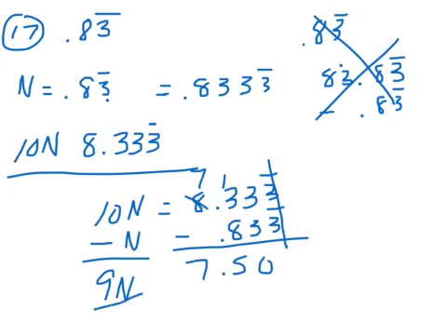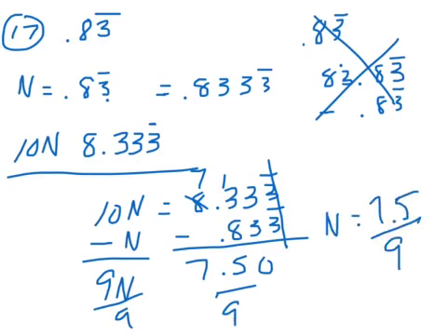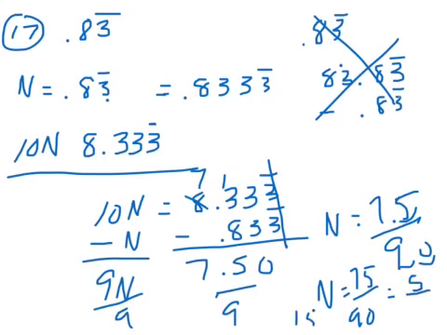If I divide both sides by 9, I'd get n equal 7.5 over 9. I could move the decimal place over 1 on each of these, and that would be n equals 75 over 90. And then I could divide: 15 goes into 75 5 times, and 15 goes into 90 6 times. So it would be 5 over 6.